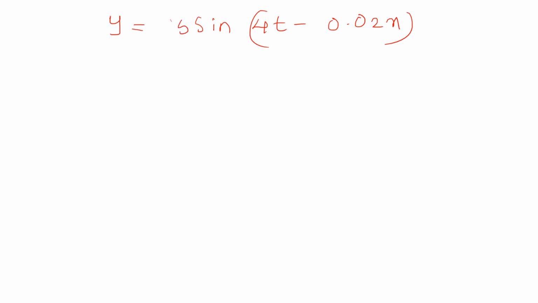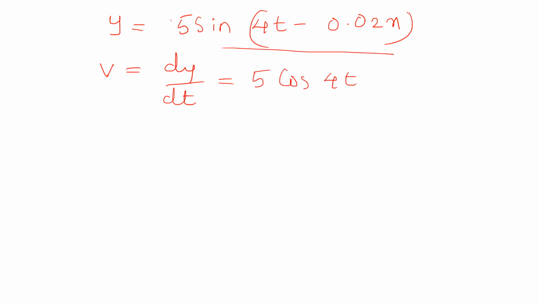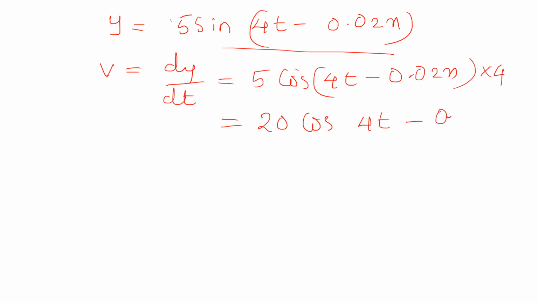Therefore, for the maximum speed, we consider the velocity dy by dt. dy/dt = 5 cos(4t − 0.02x) into 4, that is 20 cos(4t − 0.02x).